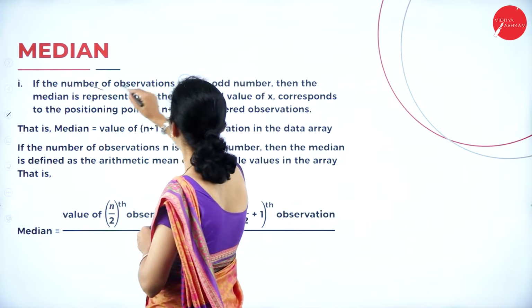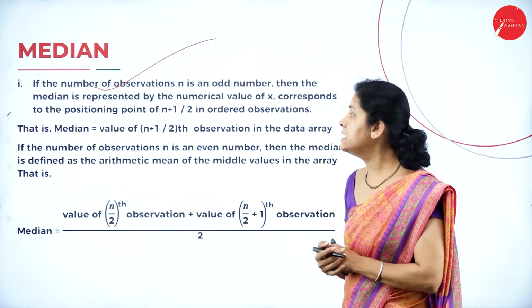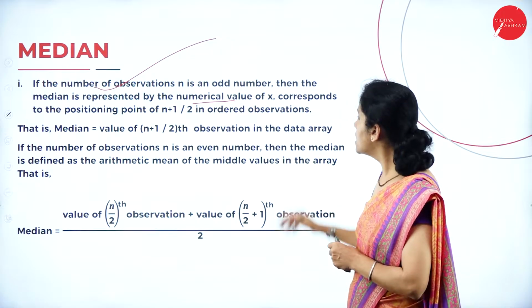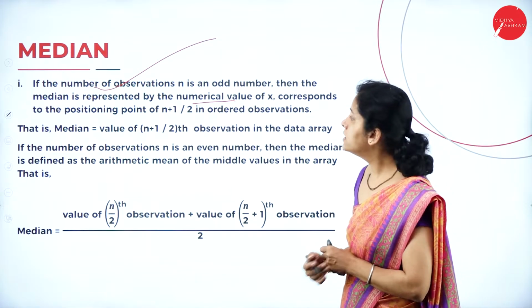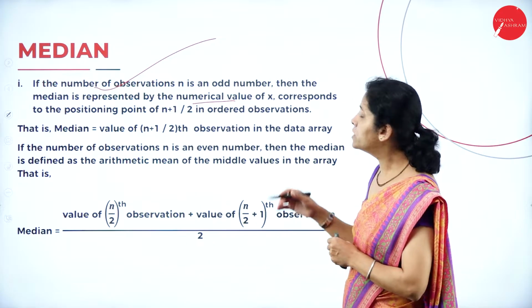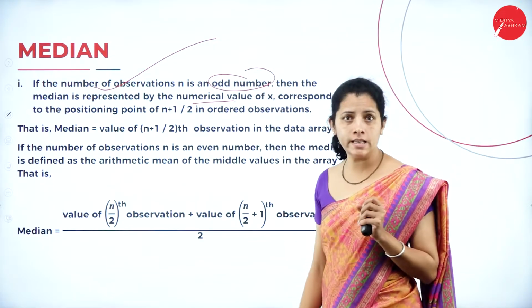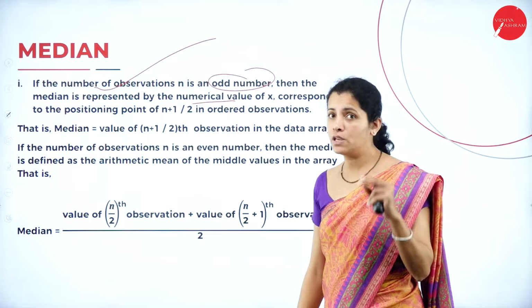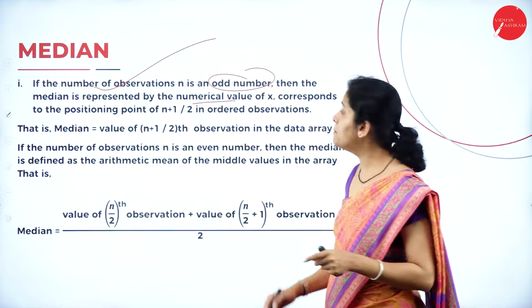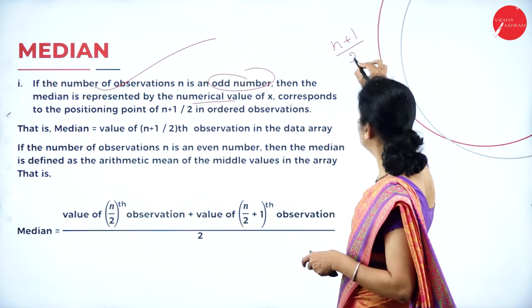If the number of observations n is an odd number, then the median is represented by the numerical value of x corresponding to the position n plus 1 by 2. So, dear student, if I take the count of the observations and it is an odd number, then the formula I need to use is n plus 1 by 2.